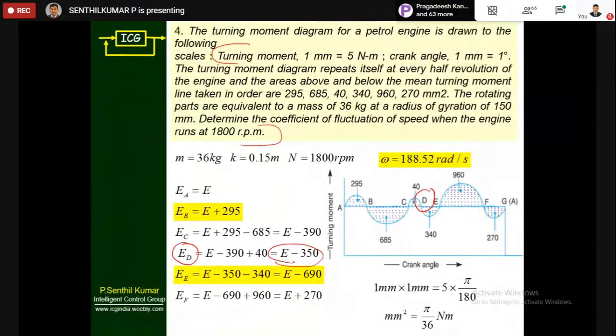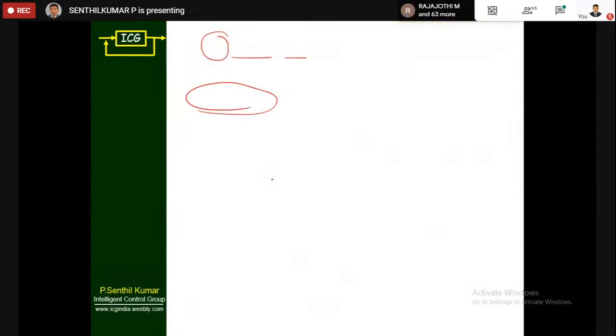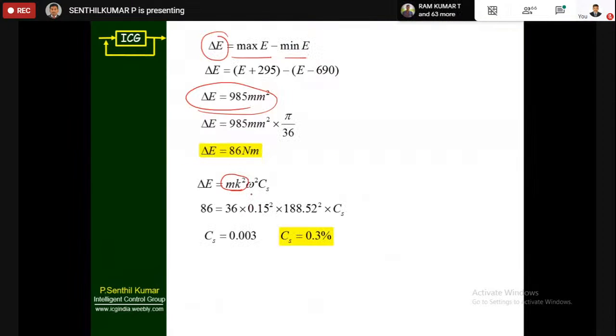See, I'm not going to solve this problem because we can't do all this. When I do all those things, we can't cover all the 5 units. I'm going to tell only the important topics, the places where you will get some questions. And they will ask you to find I is equal to mk squared. That portion alone they will ask you to find out.